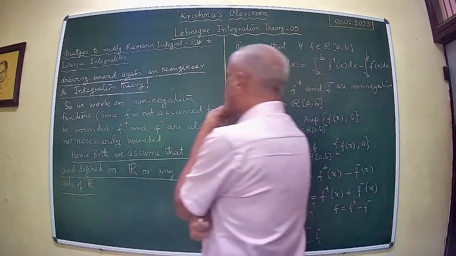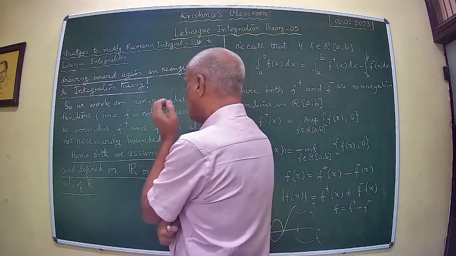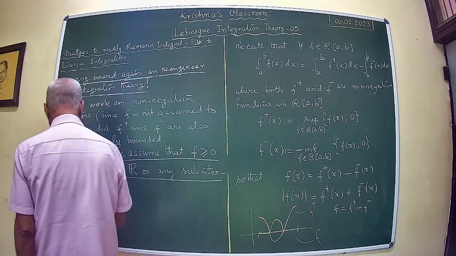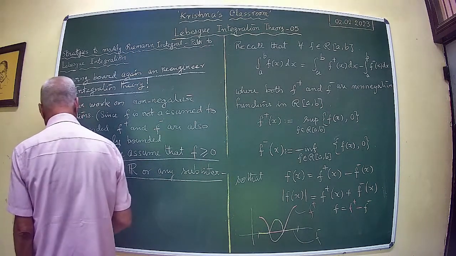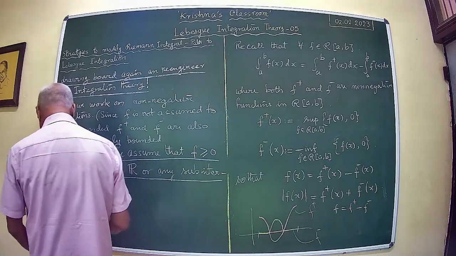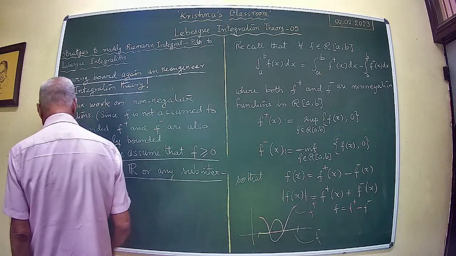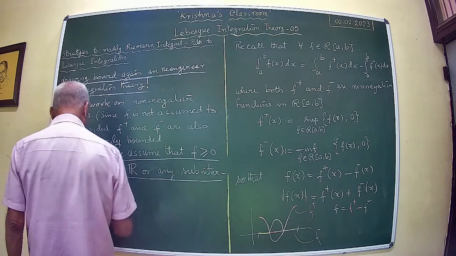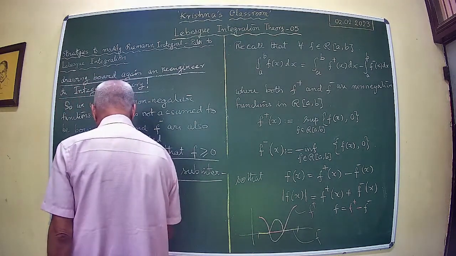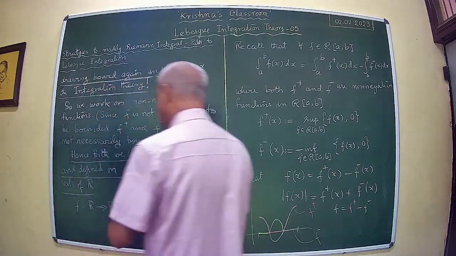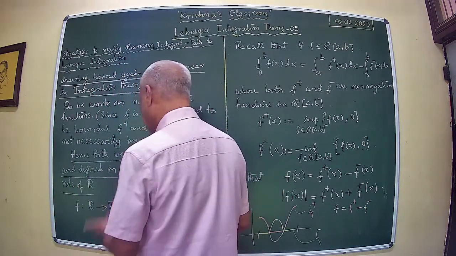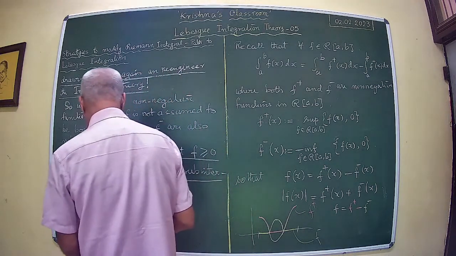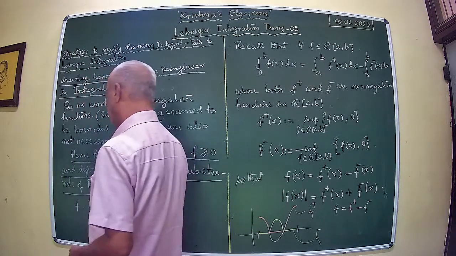So we are assuming f is defined on some interval, and f is greater than or equal to 0. And rather this f is an extended real valued function.